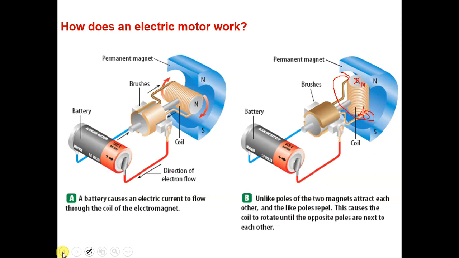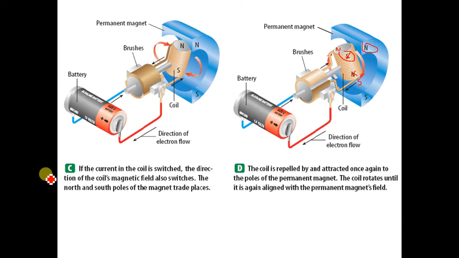Okay, let's read the steps together. So first step, as I told you, a battery causes an electric current to flow through the coil of the electromagnet. Step 2, unlike poles attract each other and like poles repel. This causes the coil to rotate until opposite poles are next to each other. Now, the current in the coil is switched or reversed, and this is done by the function of the commutator.